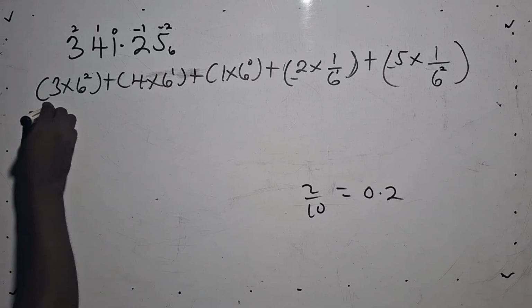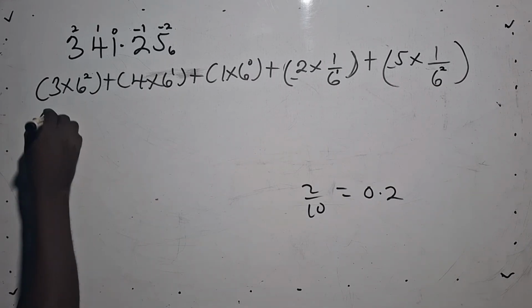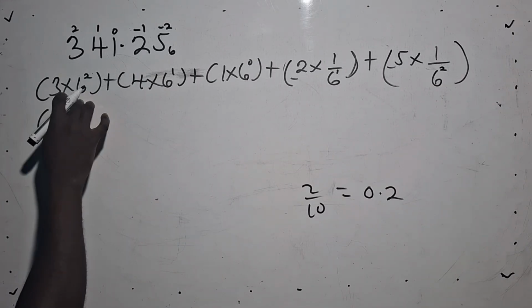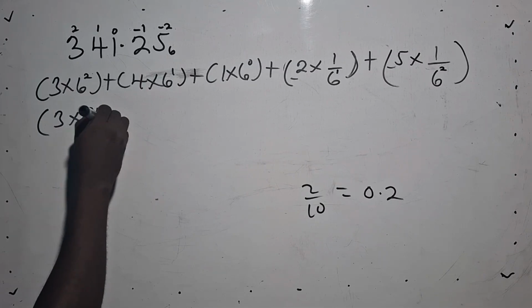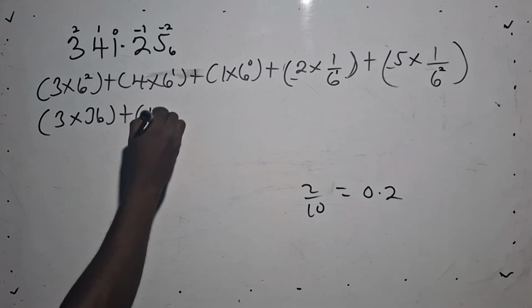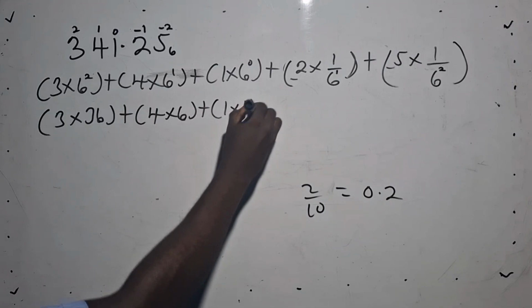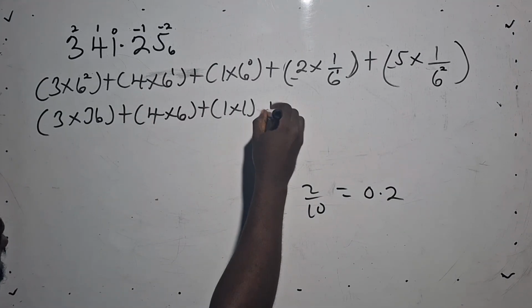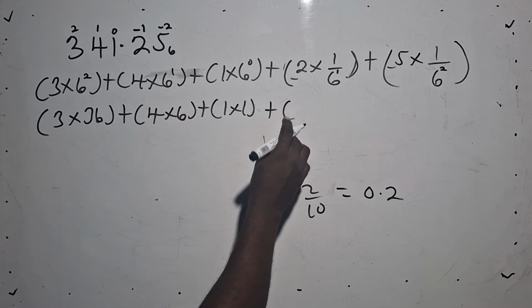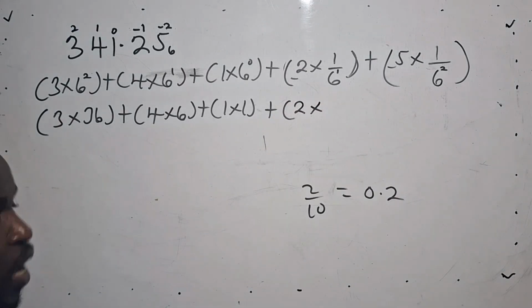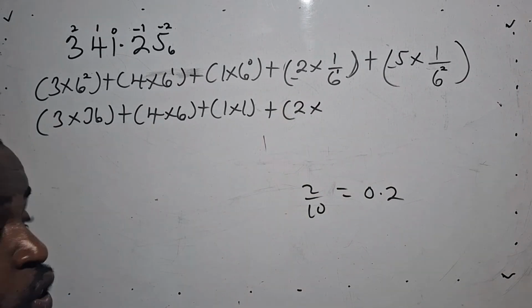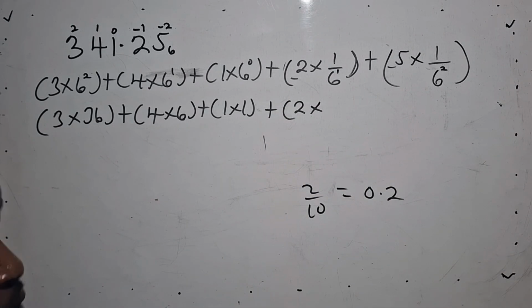So now we are going to continue our calculation. Everything has become simple. So 3 times 6 raised to the power 2 is what? 36, plus 4 times 6, plus 1 times 1, plus 2 times 1 on 6. I'm going to change it to decimal.